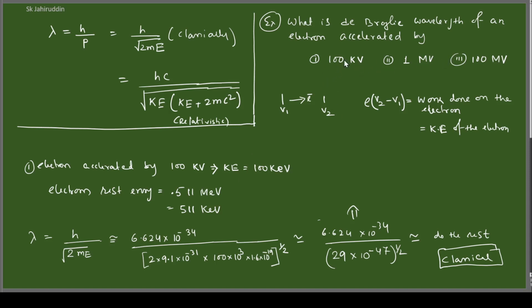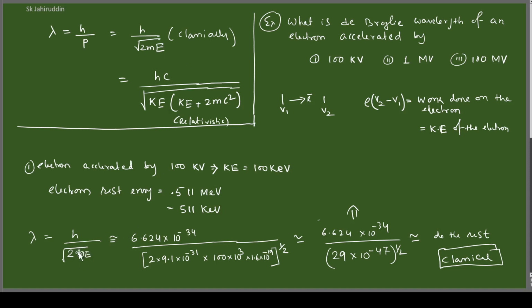All are comparable, this is a little bit less, 1/5 of rest energy, and this is double the rest energy, and this is very much larger than the rest energy. So for this 100 kilovolt, we'll do both classical and relativistic, and you'll see how much is the difference between the two results, this and this.